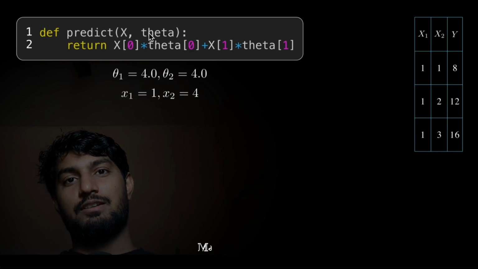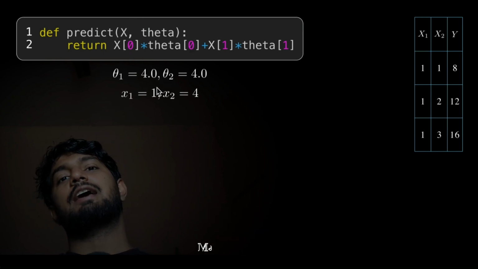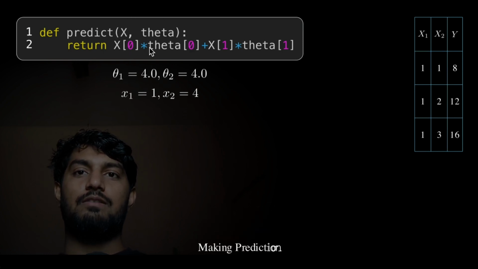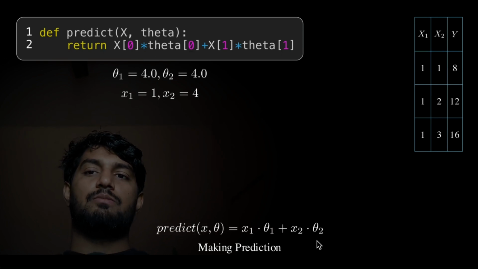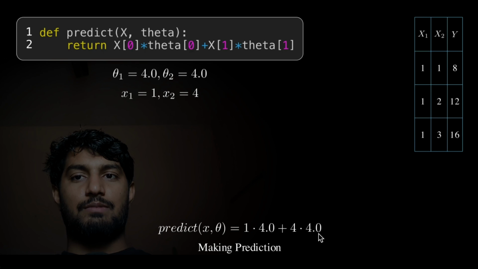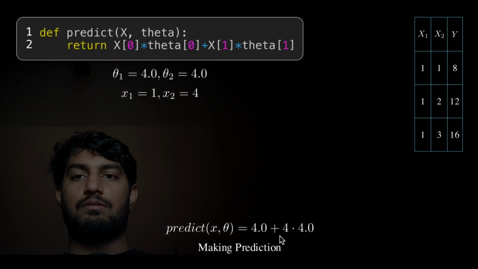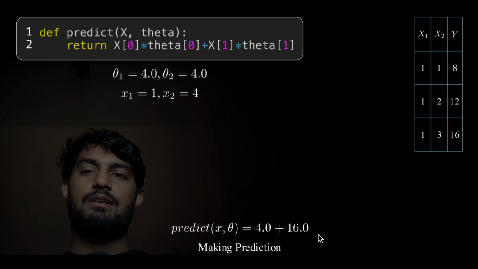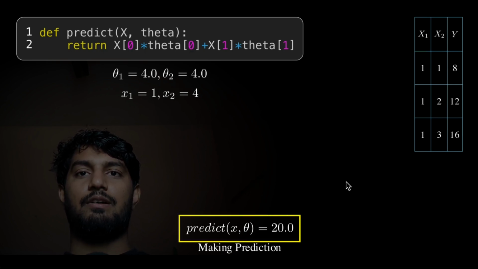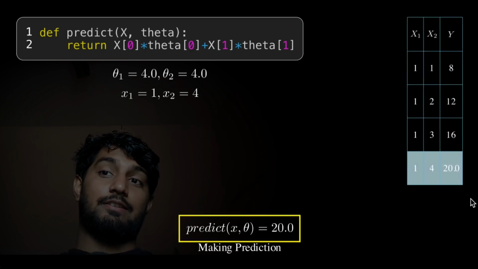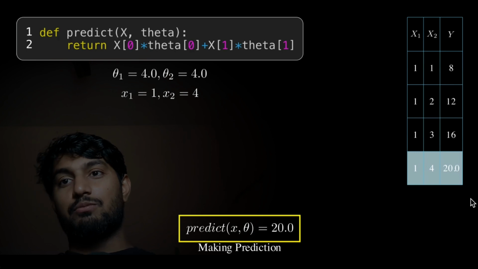We'll use the best theta which we found and the new input, and solve this, basically multiplication and addition. When we multiply, it looks something like this, and I think it becomes 16 plus 4, which is 20. So the prediction for this example will be 40, and as you can see, it looks quite right to me.